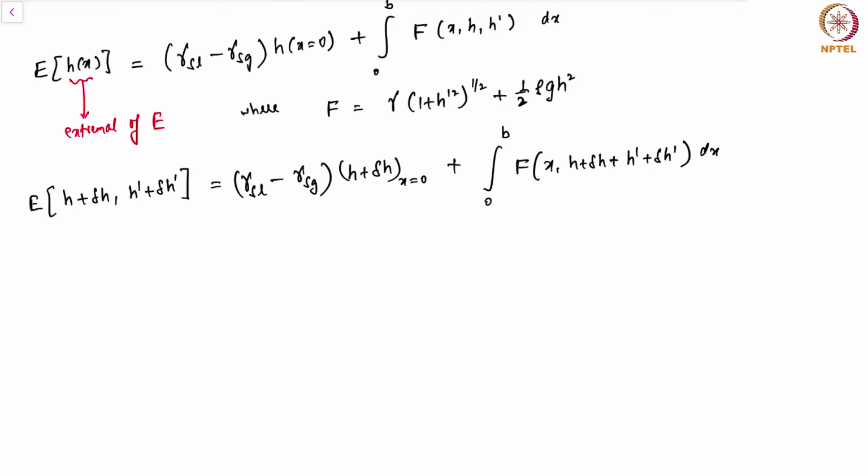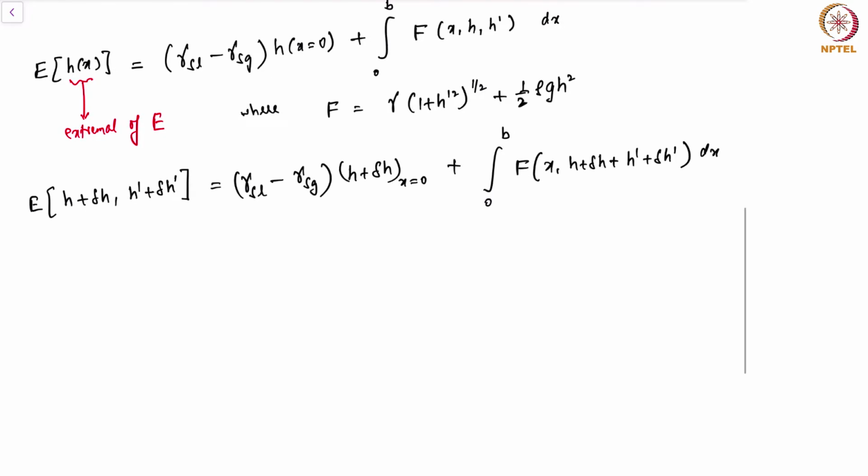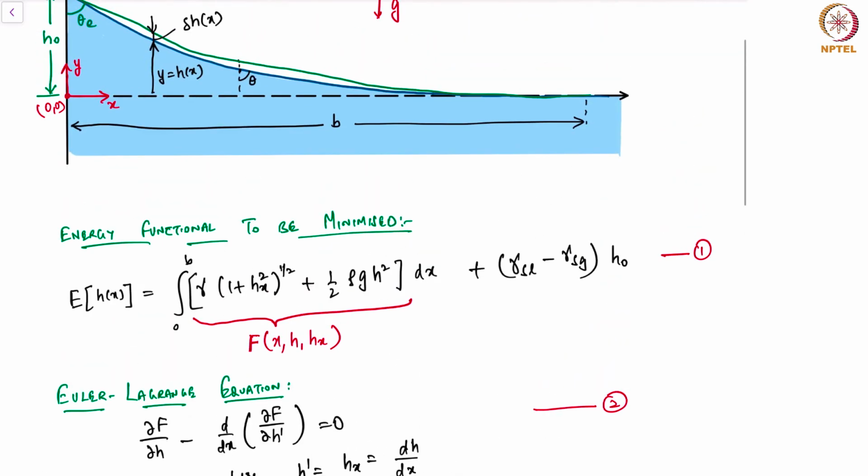Okay. So now we have the expression for the functional where we are not at the extremal shape, but at a different shape. Okay, we are on the green curve now.